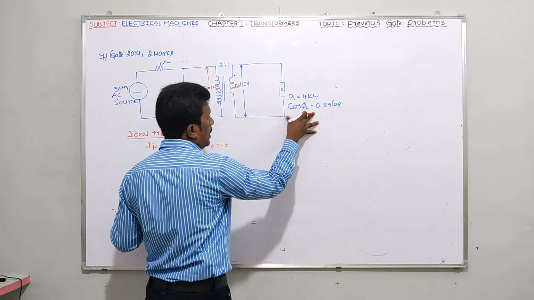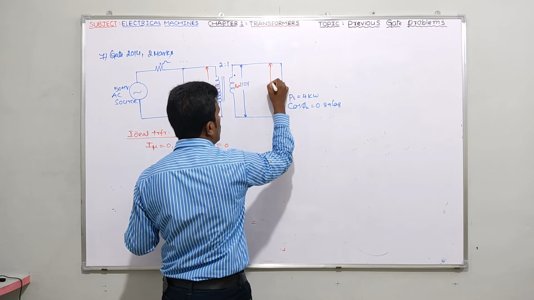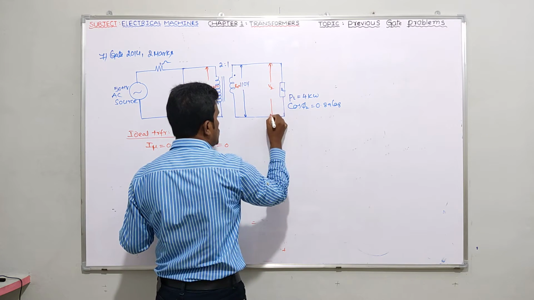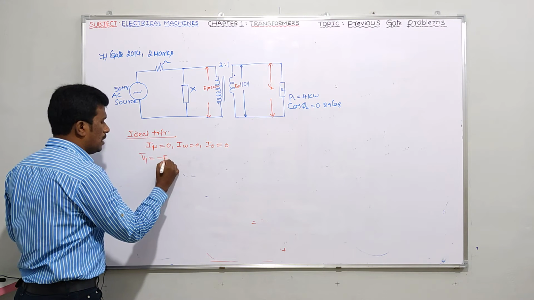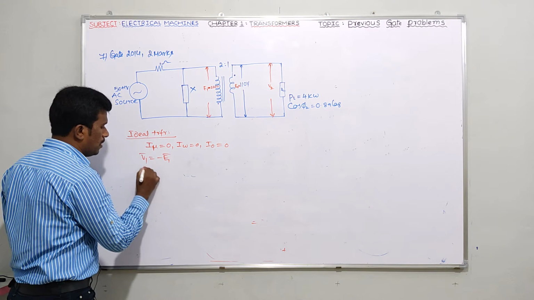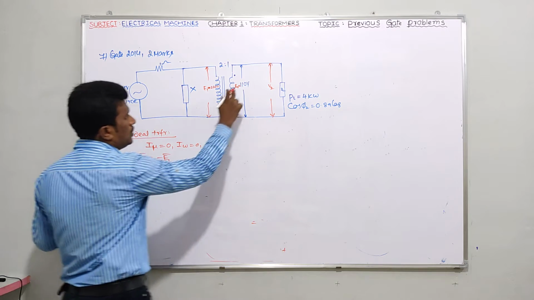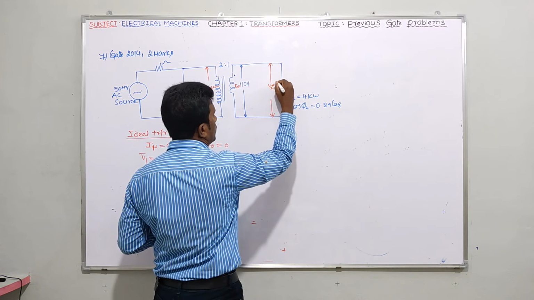Let me take the load voltage as V2. For an ideal transformer, everybody knows that V1 bar equals minus E1 bar, and E2 bar equals V2 bar. He has given the E2 value as 110, so V2 also becomes 110 volts.